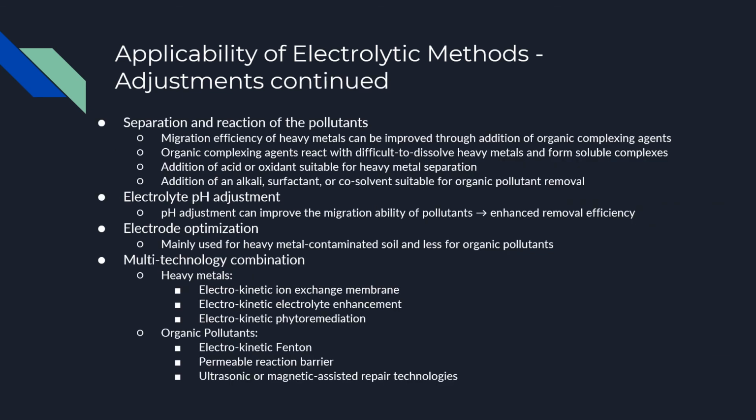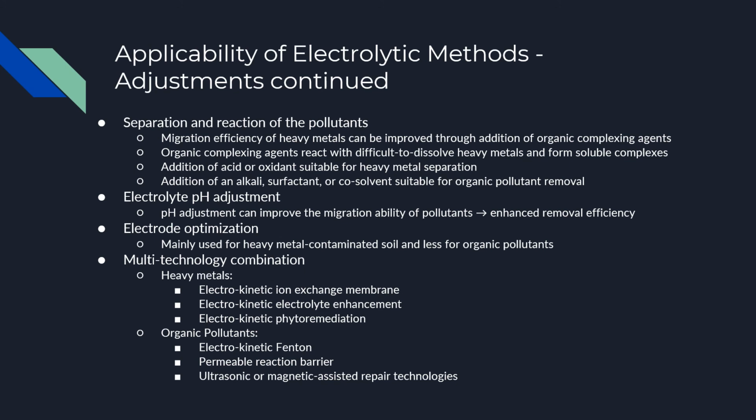In this slide, we will take a closer look at the enhanced electrokinetic remediation and the types of adjustments that are made to make the electrokinetic remediation more applicable and take away some of those limitations stated previously.